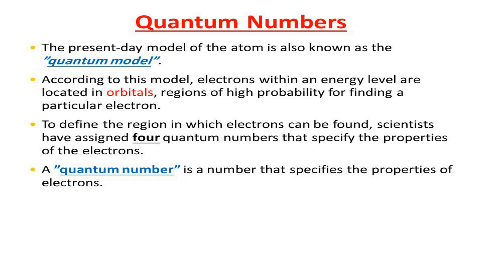Can it contain 1 electron? Yes. Can it be empty? Yes. But its maximum capacity is 2 electrons per orbital.